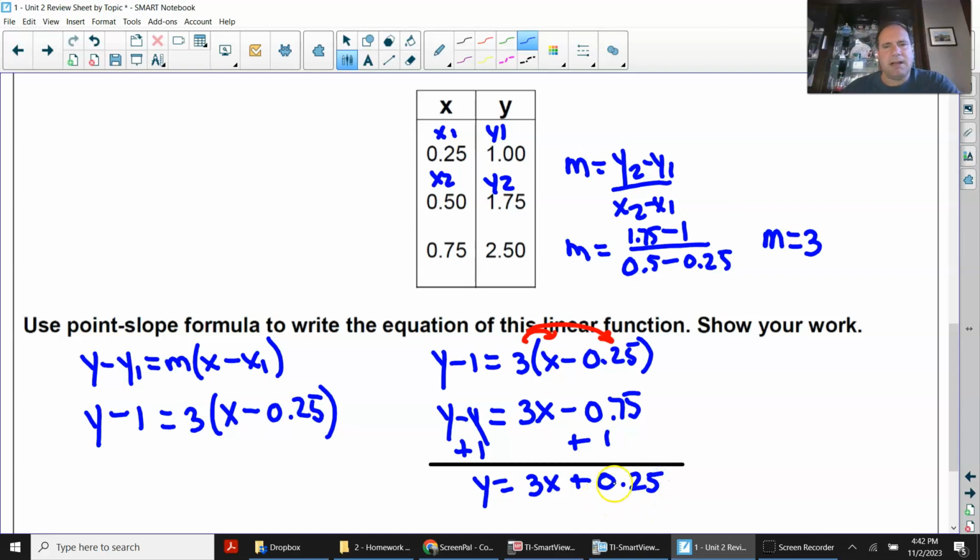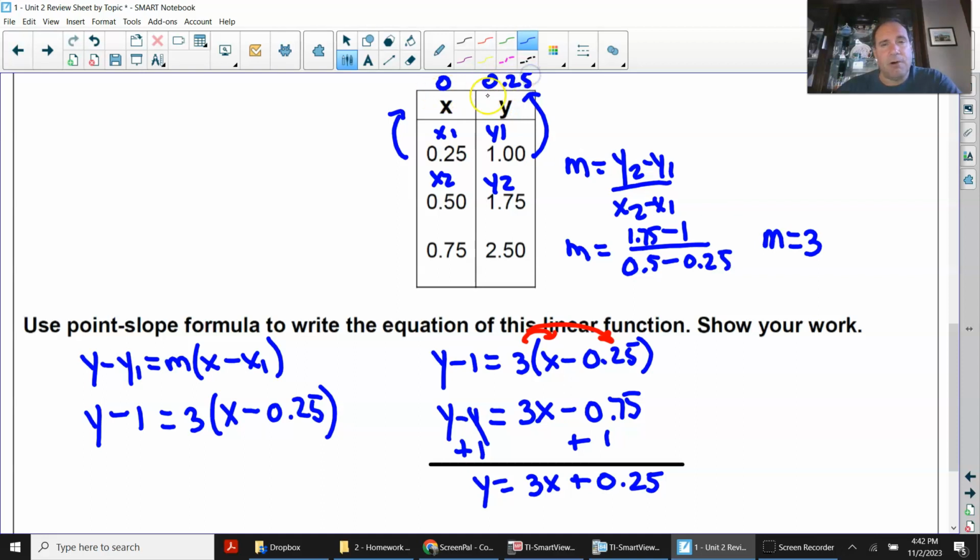And that makes a lot of sense. That's the equation of the line in slope-intercept form. Y equals mx plus b. Notice that if you do go backwards, the x will become 0. And since this is like a 0.75 jump, going backwards would be a 0.75, going back to 0.25.